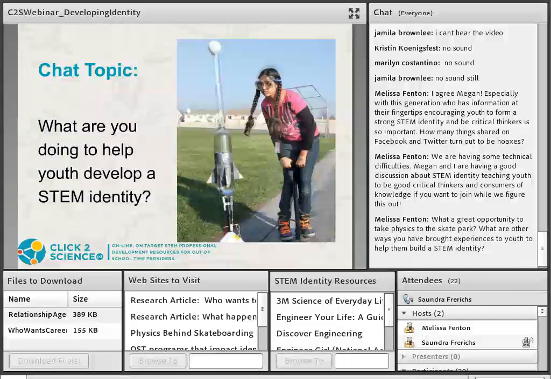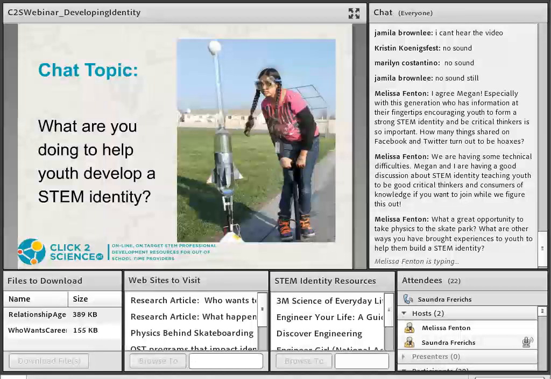I want to give you an opportunity, and I know you've already shared some ideas about what you have done about developing a STEM identity, but I want you to think about and share in the chat box some ideas about what you could do. What are the opportunities that are out there in your program? Maybe not things that you've taken advantage of yet, but you see them as opportunities.